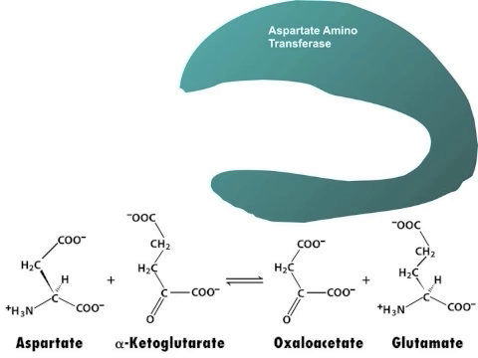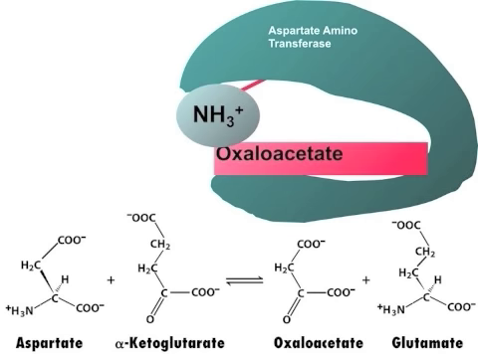Aspartate aminotransferase works by way of an ordered bimolecular reaction. And what this means is these reactants engage with the enzyme in an ordered manner. First, aspartate is going to come in and it's going to lose an amino group. This amino group is going to become attached covalently to the enzyme itself.